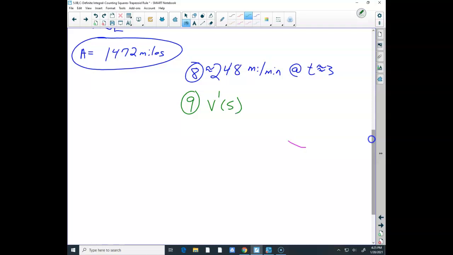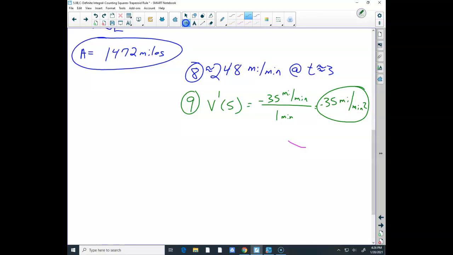So the derivative of velocity, that's giving us negative 35 miles per minute over 1 minute in the end, right? So that's why it's negative 35 miles per minute squared, because actually the derivative of velocity is acceleration. Her rate of change is negative 35 miles per minute. Okay, so that's why it's per minute squared.